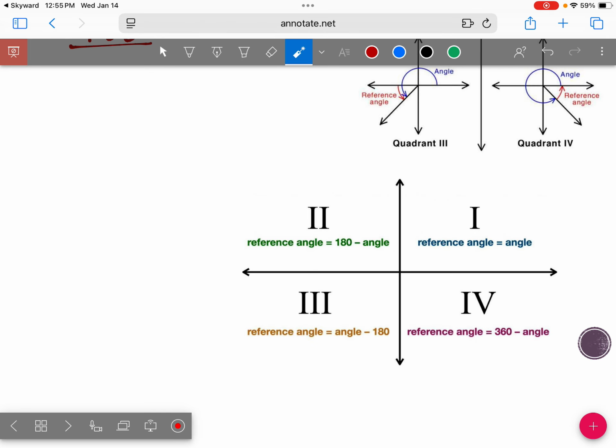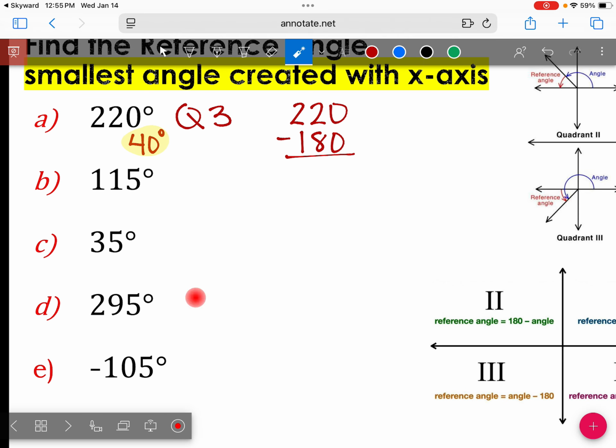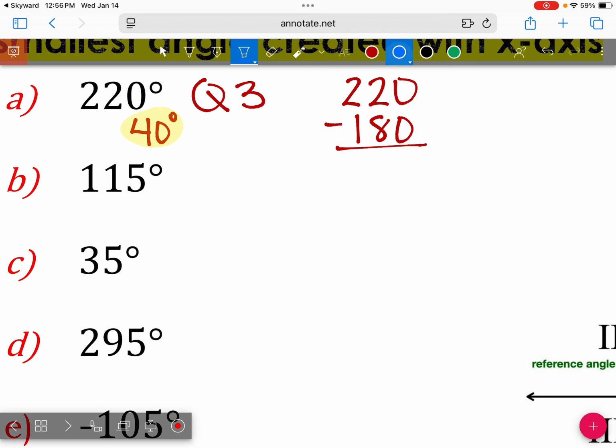All right, so let's go ahead and do that. So we're in Q2. So I want you to take 180 and subtract from that 115 and see what you get.